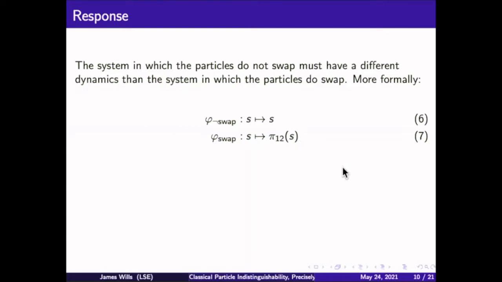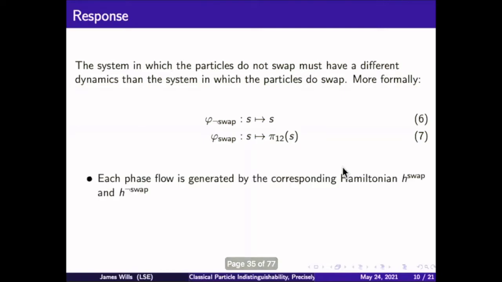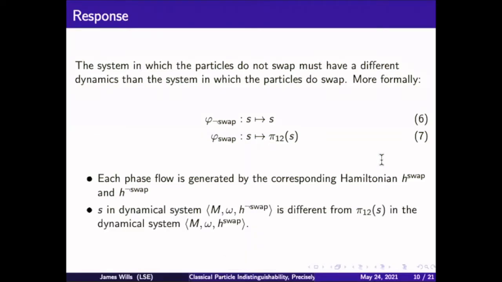In our formalism, what's happening here is that the phase flow is generated by the corresponding Hamiltonian, the dynamics for swapping and the dynamics for not swapping. So what we've said here is that the point S in this dynamical system with the non-swapping Hamiltonian is different from the permuted state in the dynamical system with the swapping Hamiltonian. And this is true, but it is not really the question that we set out to answer.